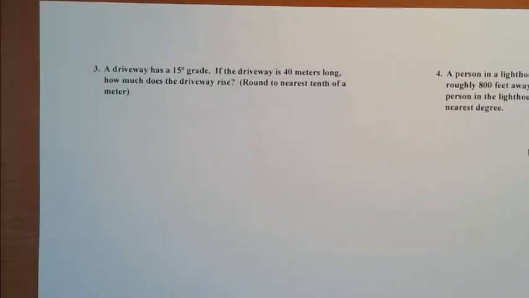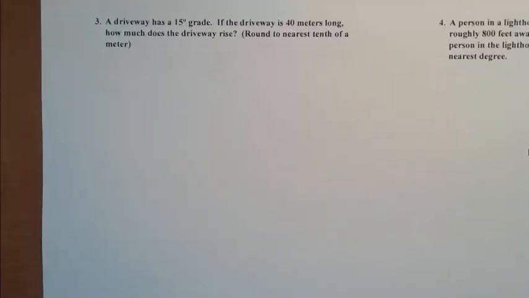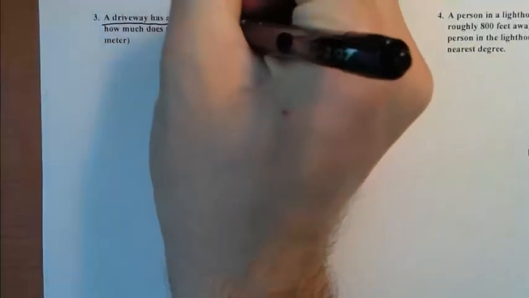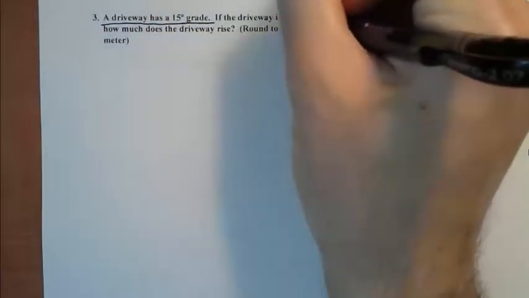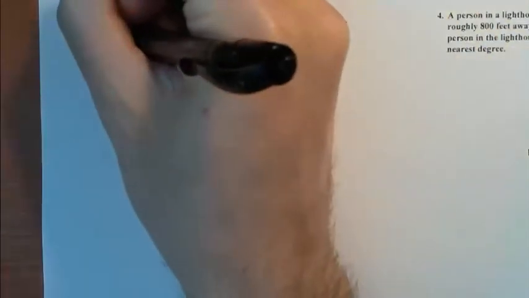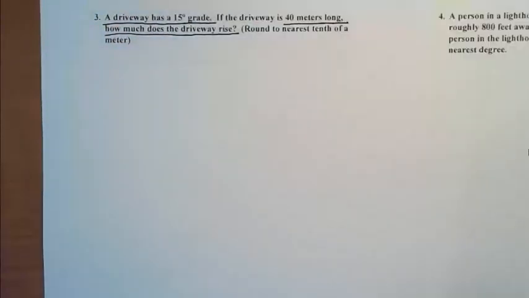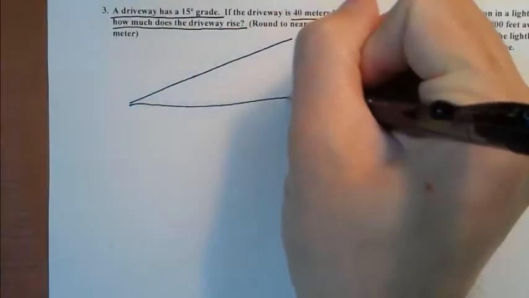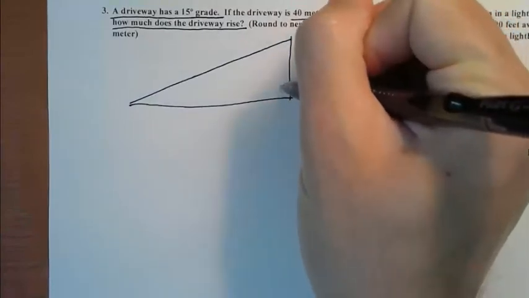Okay, so we have a driveway in this problem. The driveway itself has a 15-degree grade. It's 40 meters long. We want to know the elevation or how much the driveway rises. So the picture would be a driveway kind of rising up to a house.